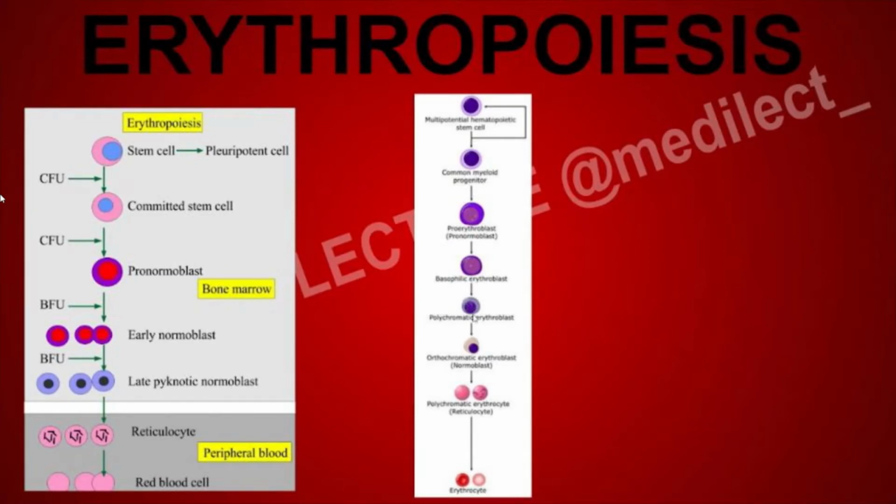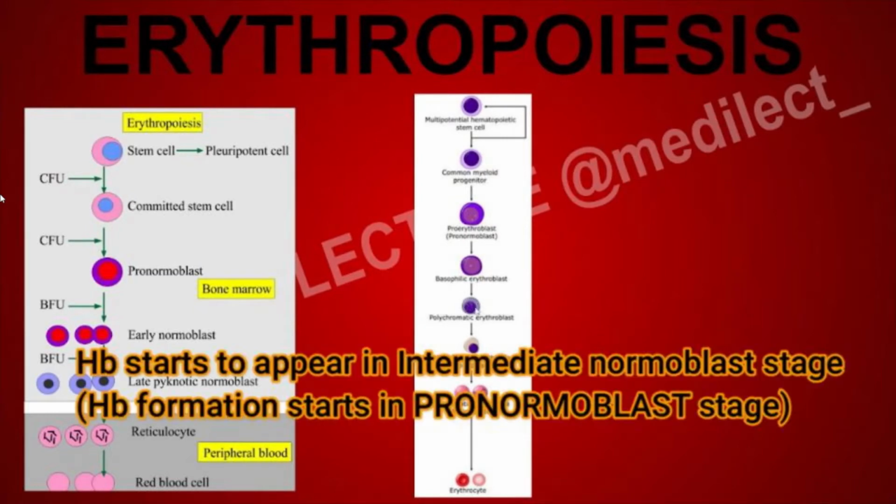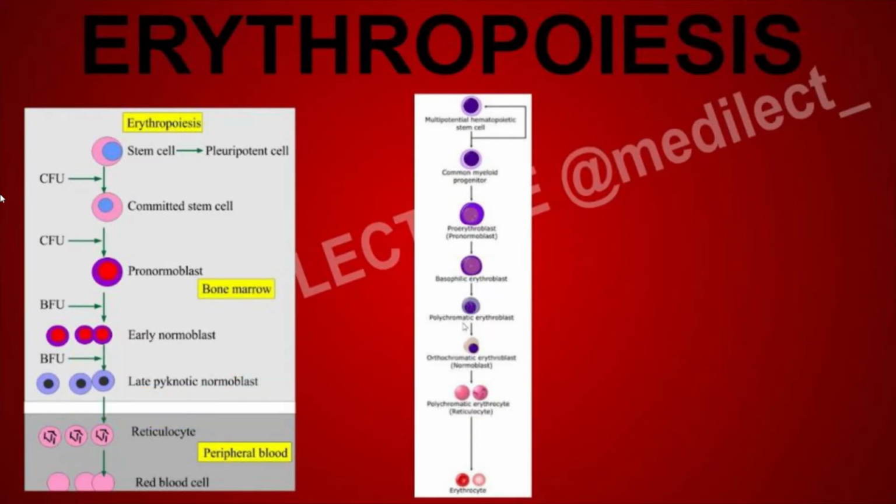Why is the cytoplasm grayish in the intermediate normoblast stage? Because here the hemoglobin starts to be seen. That's why the cytoplasm becomes grayish. So hemoglobin is first seen in the intermediate normoblast stage, the polychromatic erythroblast stage.